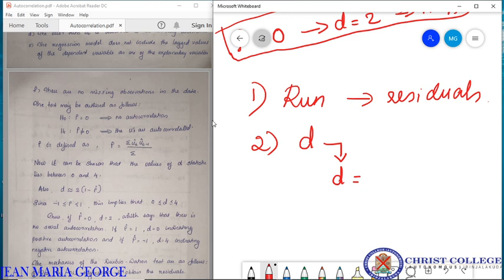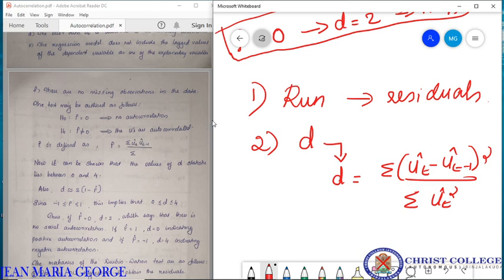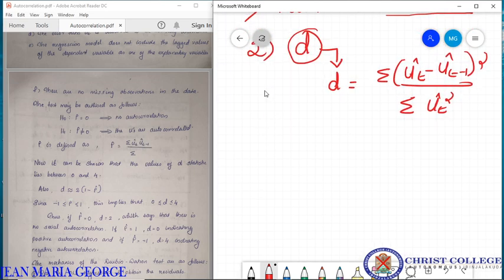D is equal to, hope you remember the equation, sigma u hat t minus 1 the whole square divided by sigma u hat t square. With this equation find out the value of D. We already know the value of the residual terms, so from the regression we can find the value of the D statistic. That is the second step, compute the D value from the first equation.